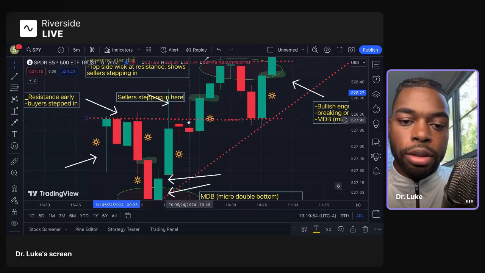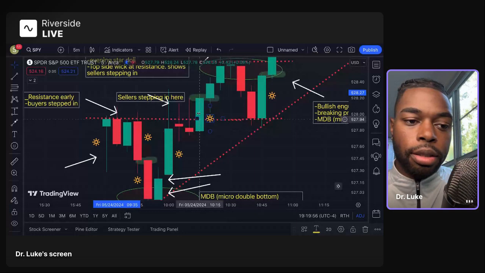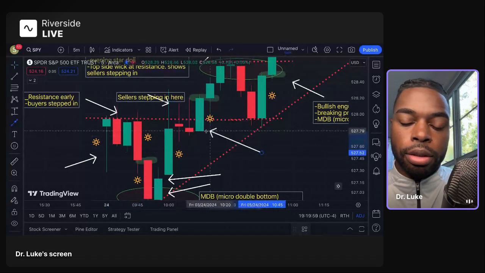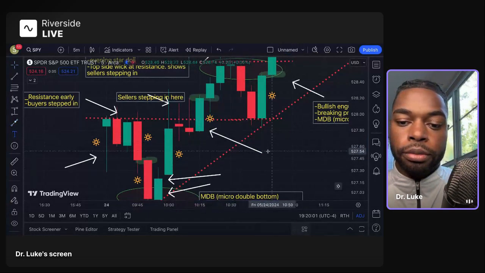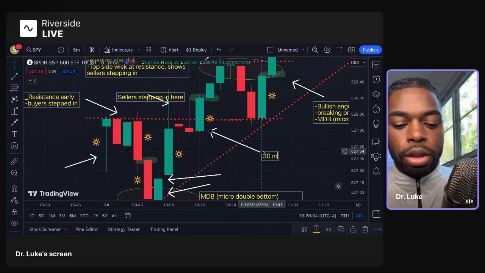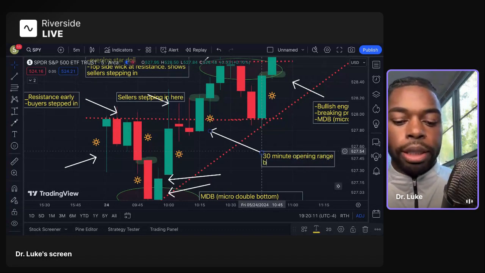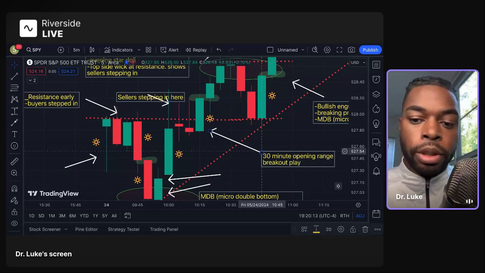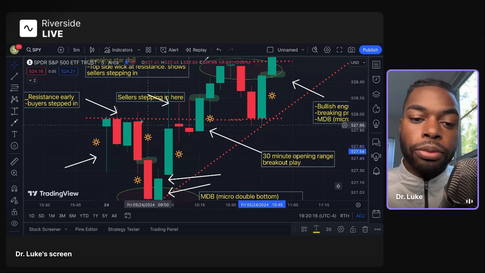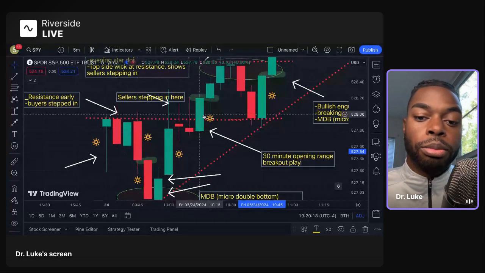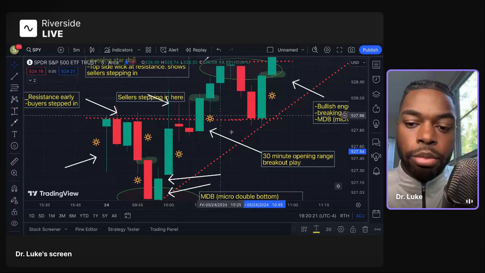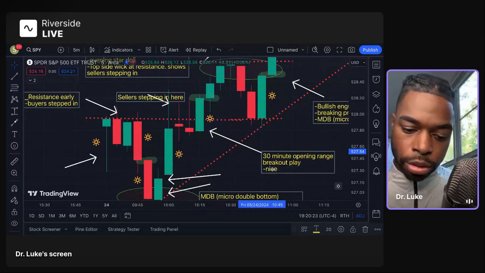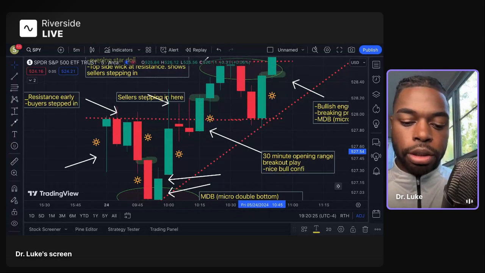So again, we're at resistance, and then we finally get the breakout here. 30-minute early opening range breakout play. So this is an opening range breakout play. The opening range was the first 30 minutes of the day, and we broke out above it with a nice bull bar. Nice bull confirmation signal bar.